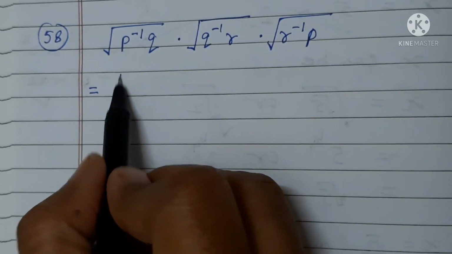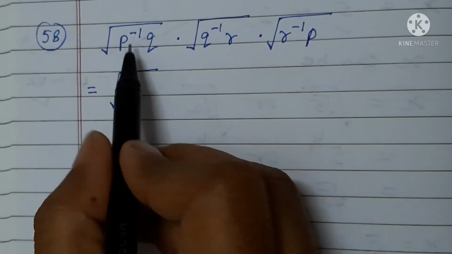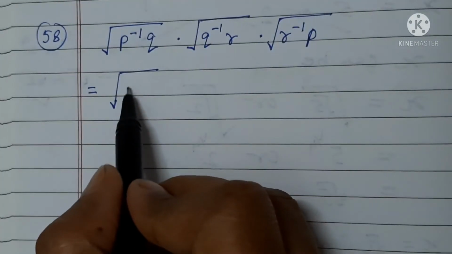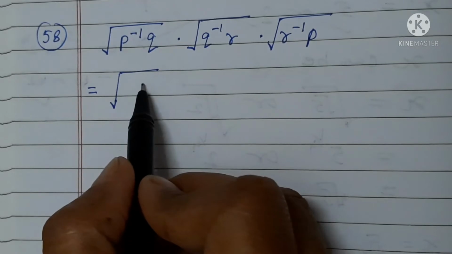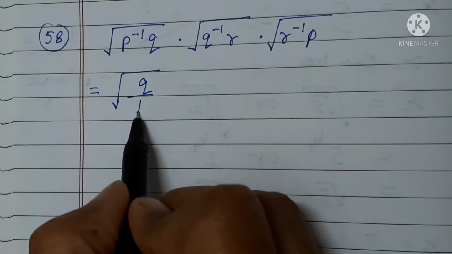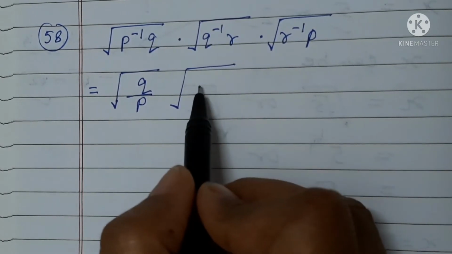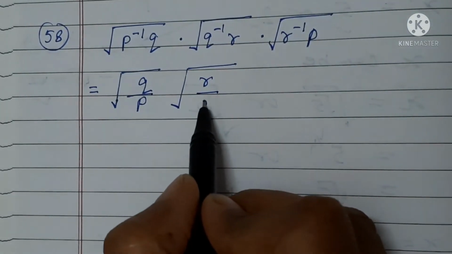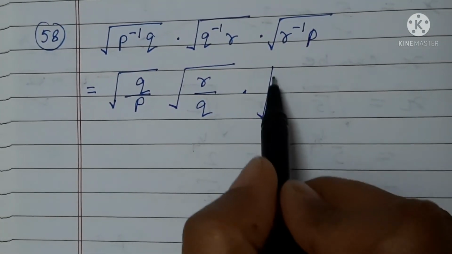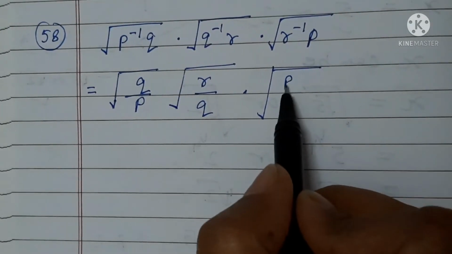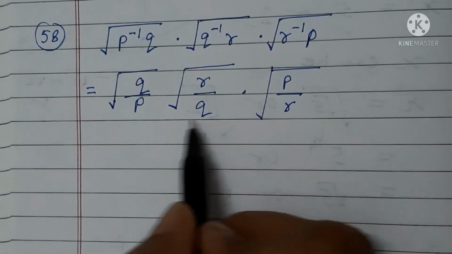So you can write it under root p to the power of minus 1, you can write it in the denominator p. So you can write it q upon p into, you can write it 1 upon q, so this becomes r upon q into under root, this will come in the new denominator, you can write it p upon r.